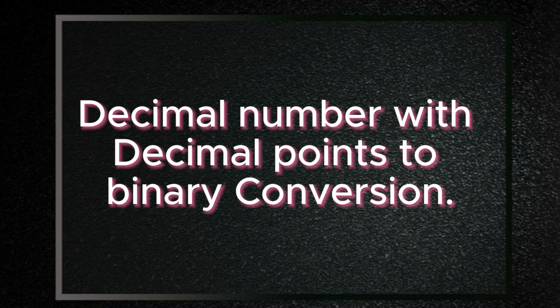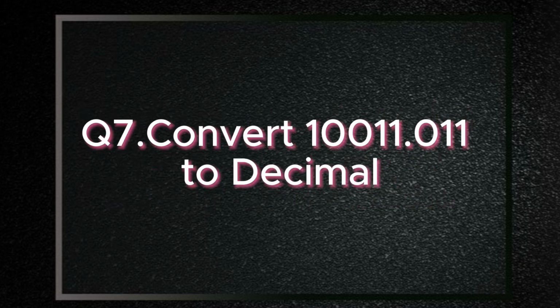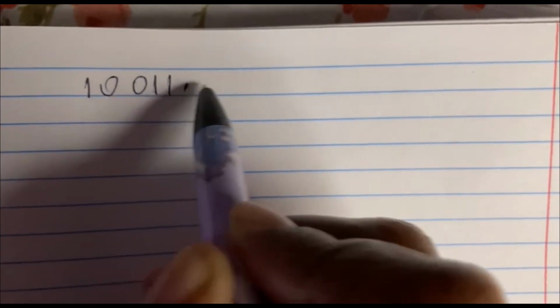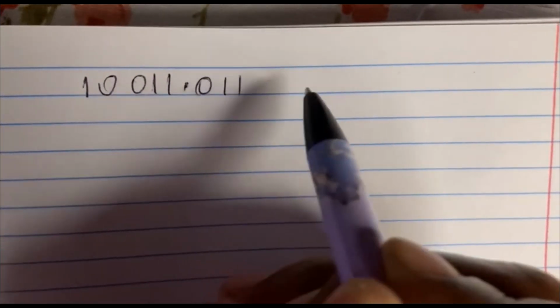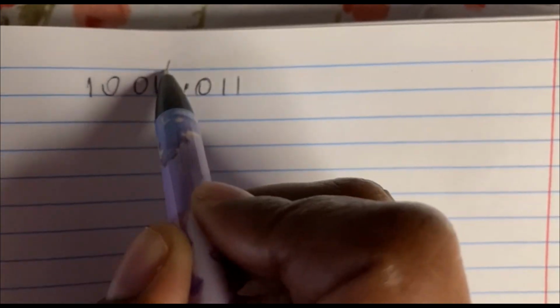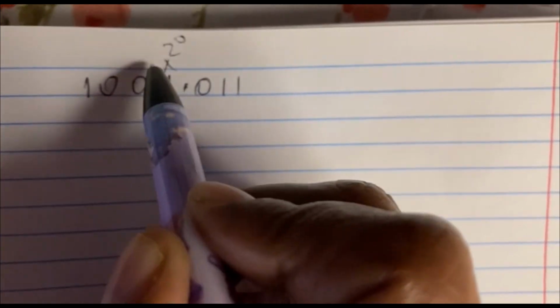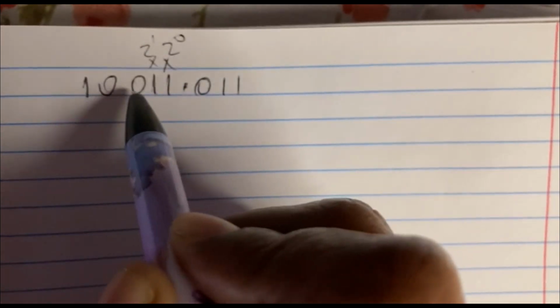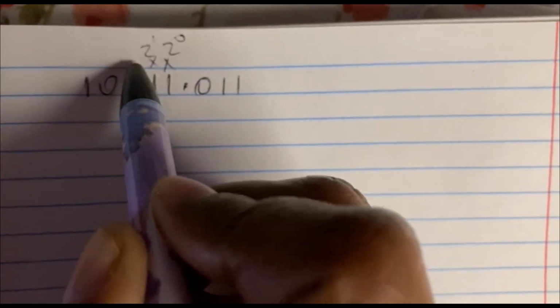So next one, we continue the decimal numbers. Decimal numbers 1 0 0 1 1.011. Let's change this one. So as usual, we start from this side, to the power of 0, to the power of 1, to the power of 2, to the power of 3, to the power of 4.